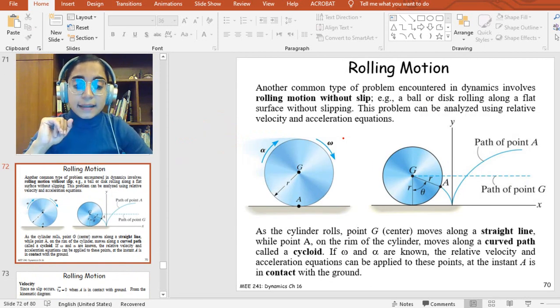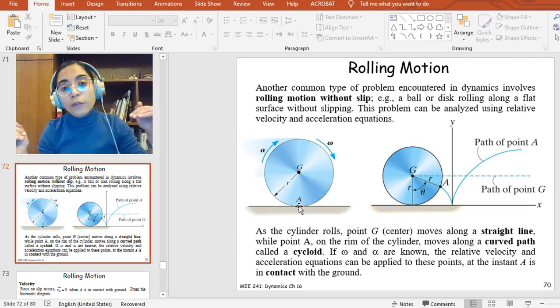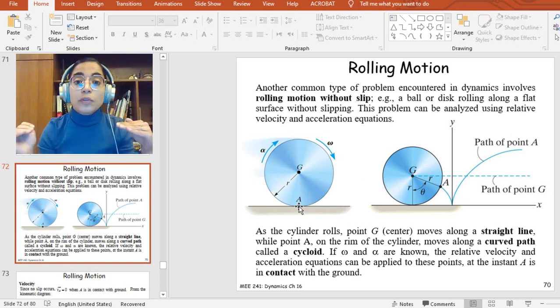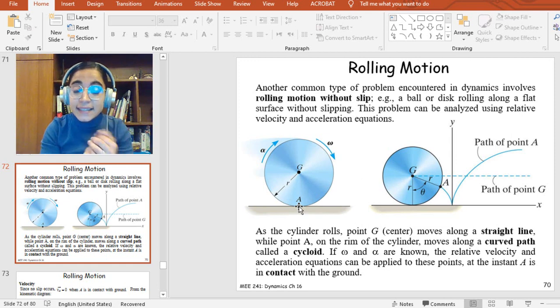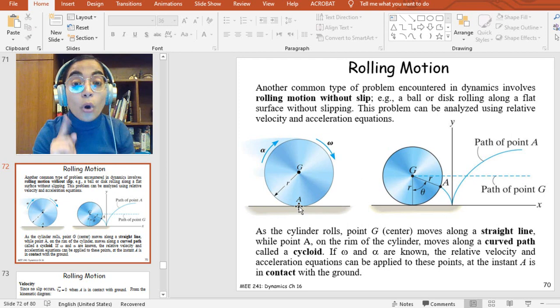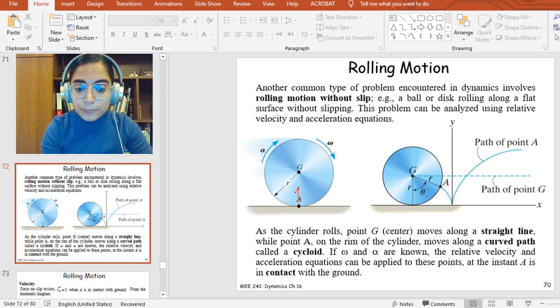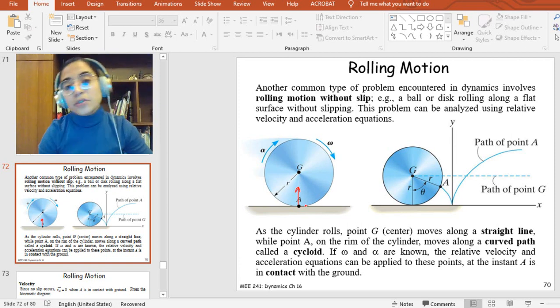Now, the last case that I'm going to talk about for the acceleration part of this chapter is the rolling motion. If I have a rolling motion, guys, then at each instant there's going to be a point in contact with the floor. This point that is in contact with the floor will have at this instant a zero velocity, but it will not have a zero normal acceleration. The normal acceleration will always be this radius here times omega squared, or minus omega squared times r.